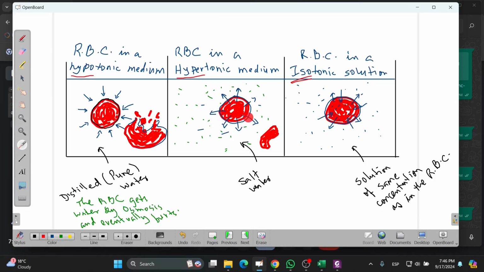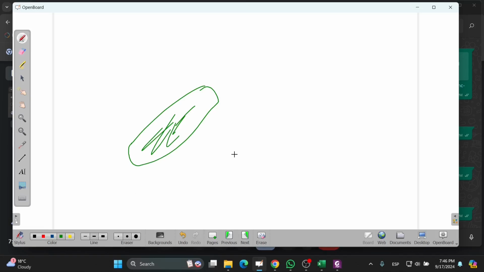This one here is what happens when you sprinkle some table salt on cucumber slices, guys. You see, let's say you have a cucumber, right? And then you slice it. And when you slice it, these are the seeds, maybe.